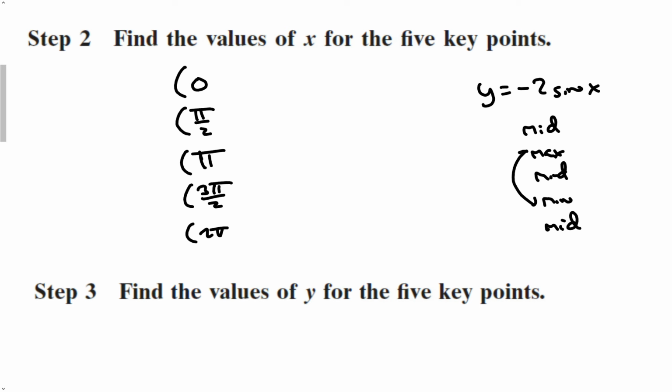So basically, these two are just going to switch. The sine of 0 is still 0, the sine of pi is still 0, and the sine of 2 pi is still 0. Multiplied by -2 is just 0. The change happens with these two: this now becomes the -2 and this becomes the +2. The sine of 3 pi over 2 is -1, and -1 times -2 gives me my +2. So those are the x coordinates and the y coordinates for the 5 key points.